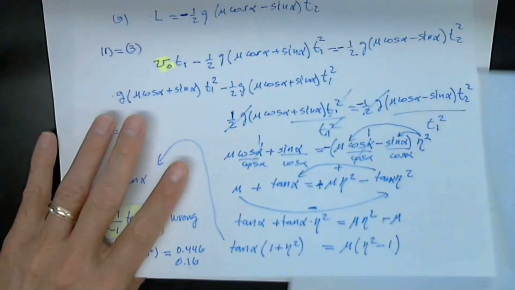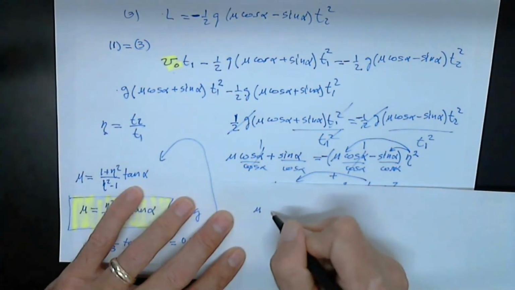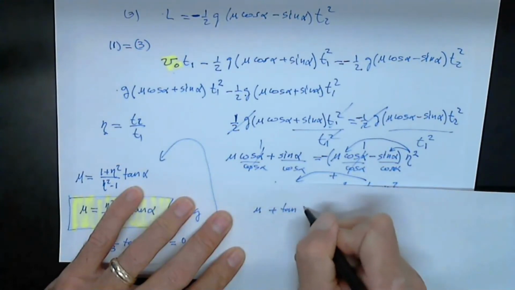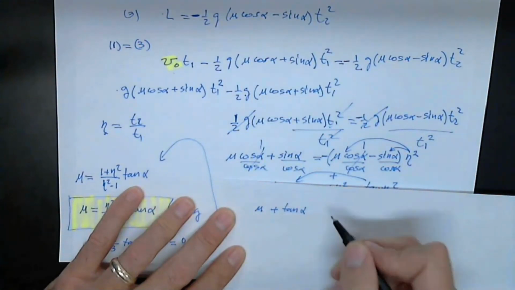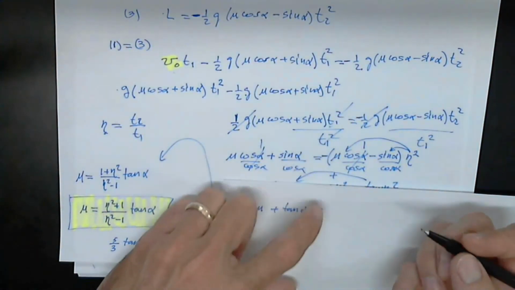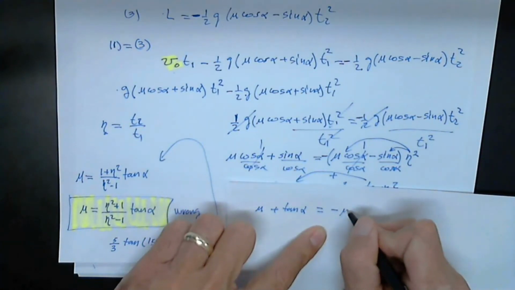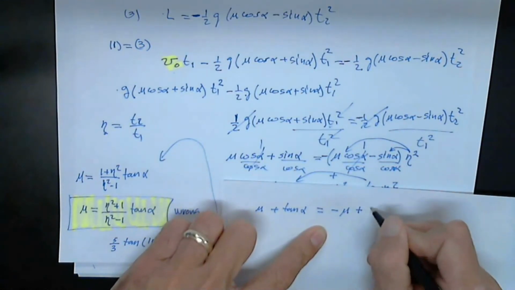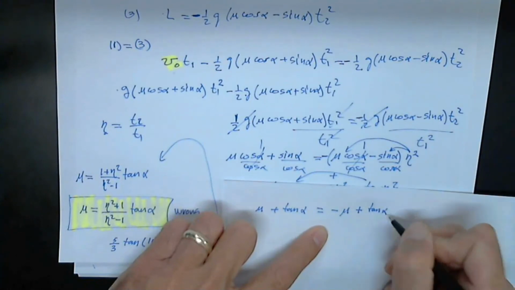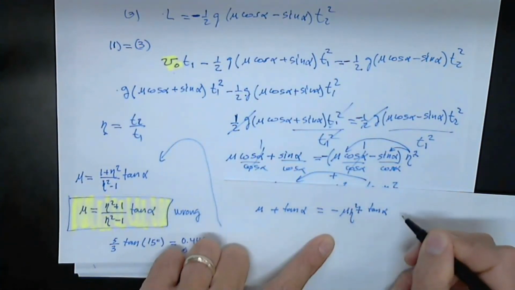Let me see, step 1 was wrong. So it's mu plus tangent of alpha. That's the left hand side that has not an issue. But here if I put a minus, it's going to be minus mu plus tangent of alpha and multiply by mu squared.